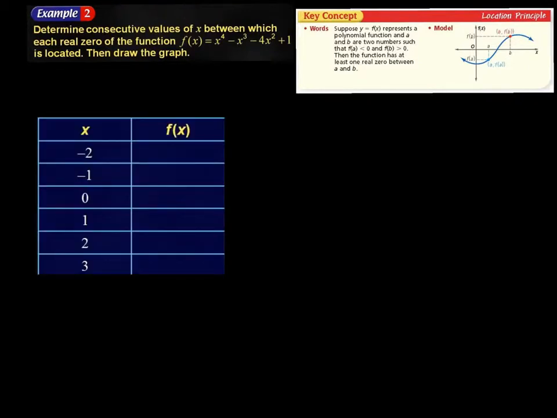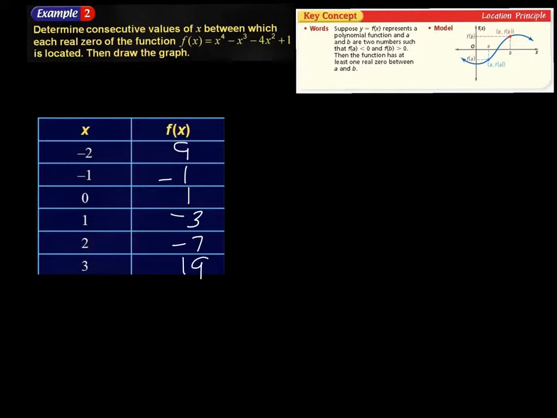Determine consecutive values of x between which each real 0 of the function f(x) = x^4 - x^3 - 4x^2 + 1 is located, then draw the graph. Once again, you're very blessed to have inexpensive calculators with a table feature. So we can type that in our table feature, and if x is -2, f(x) is 9, and -1, I get -1, 0 gives me 1, 1 gives -3, 2 gives -7, and 3 gives 19.